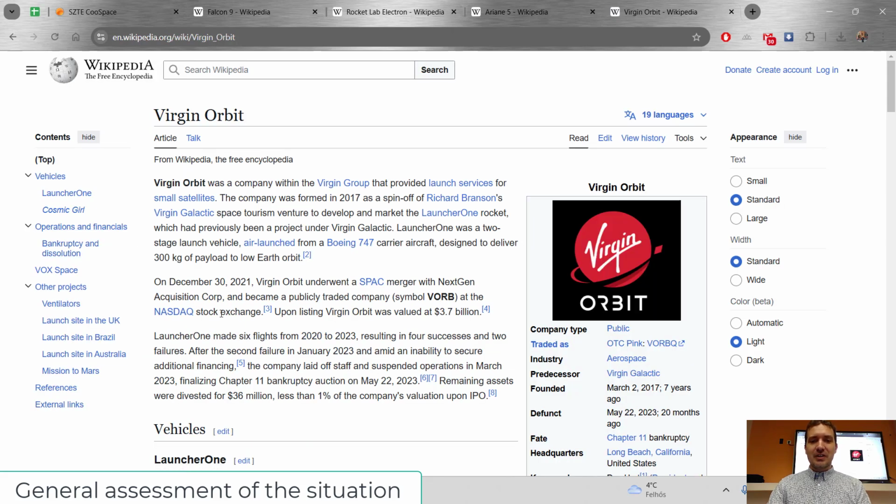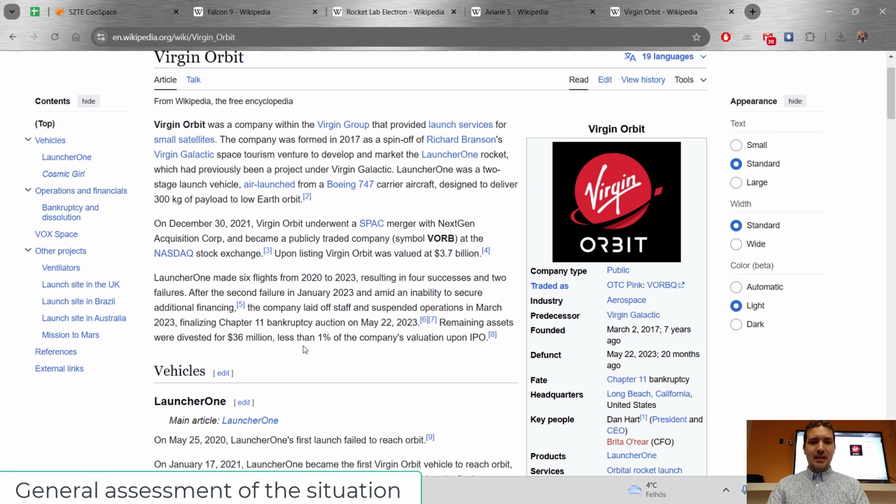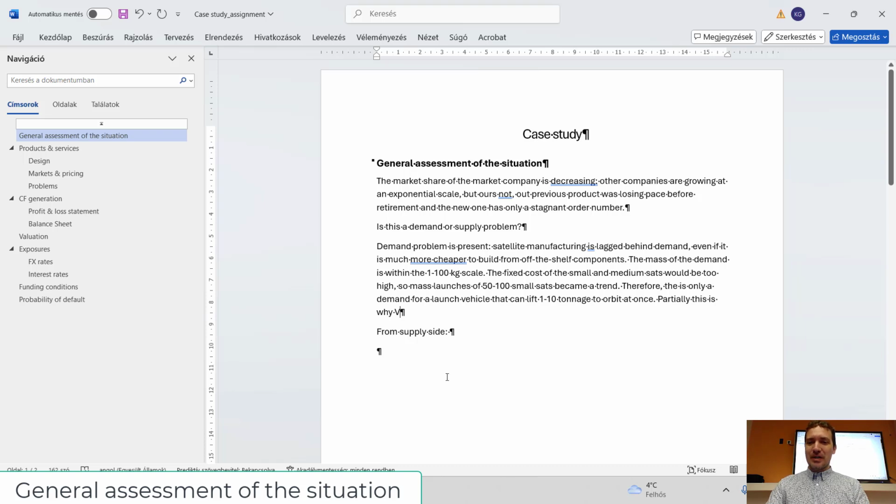Yes, Virgin Orbit defaulted, and it ended sadly. They were even publicly listed at 3.7 billion US dollars, and at the end of the day, when they defaulted, only 76 million was remaining.